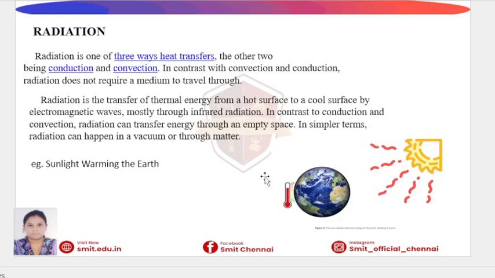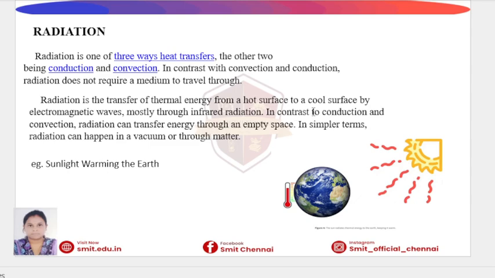And next one is radiation. Radiation is one of the three ways heat transfers, the other two being conduction and convection. In contrast with convection and conduction, radiation does not require a medium to travel through. Radiation is the transfer of thermal energy from a hot surface to a cold surface by electromagnetic waves, mostly infrared radiation.